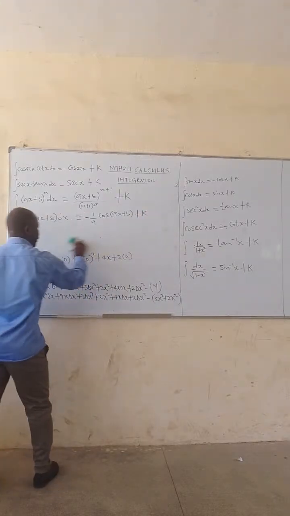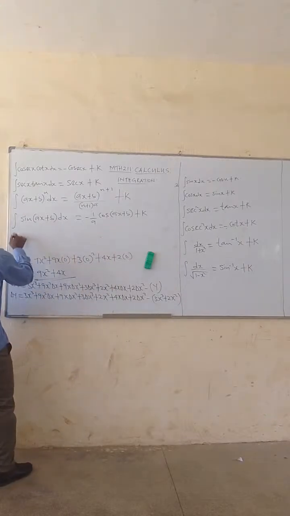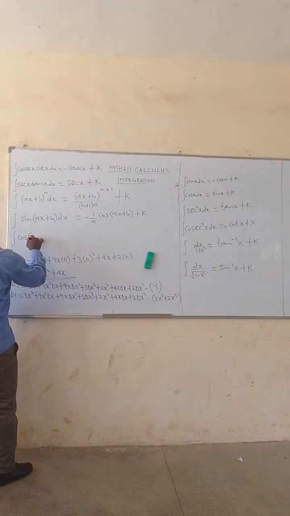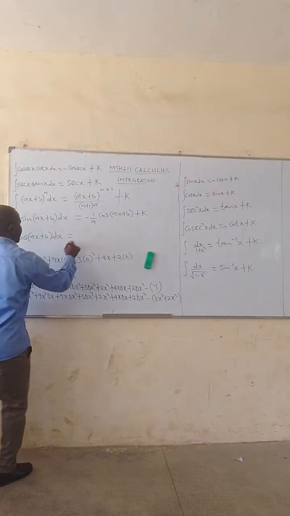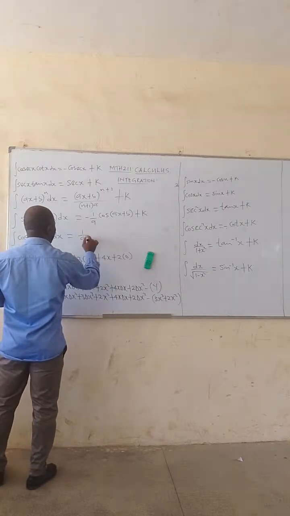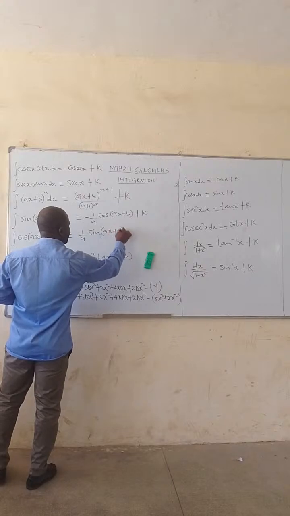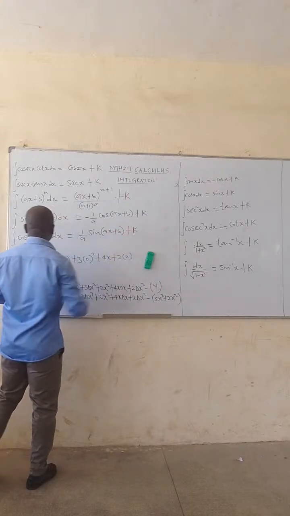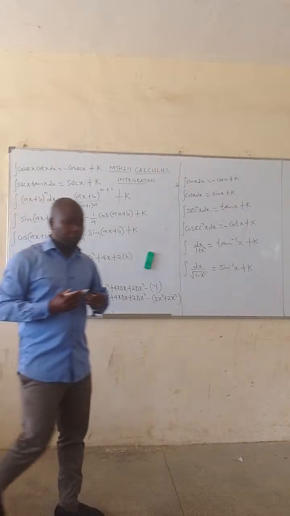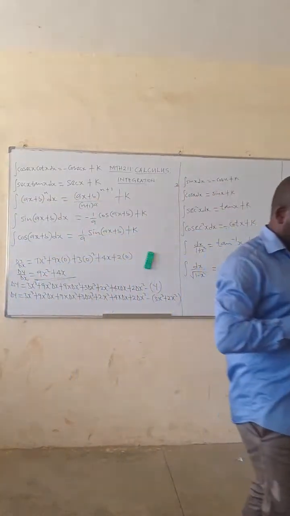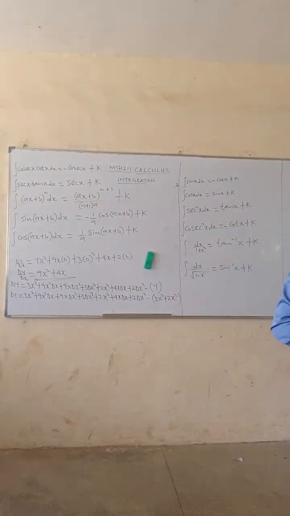Likewise, integral of cos of ax plus b dx is equal to 1 over a sine open bracket ax plus b, plus k. Take note of all these things because they are very, very important.